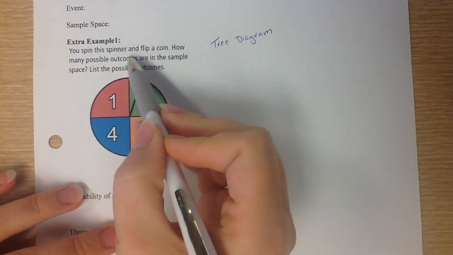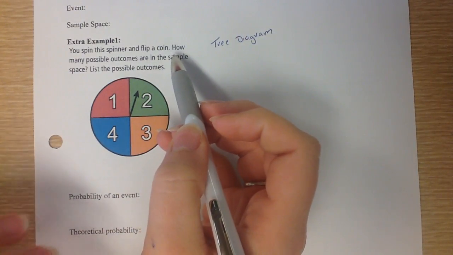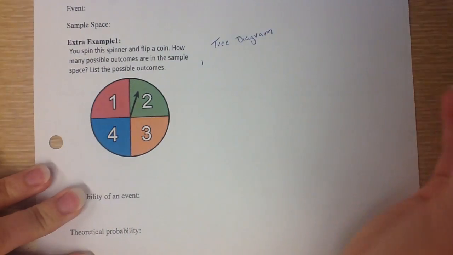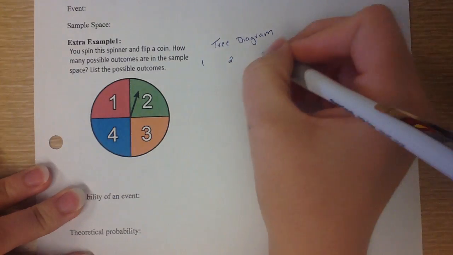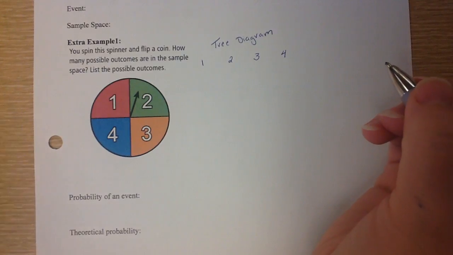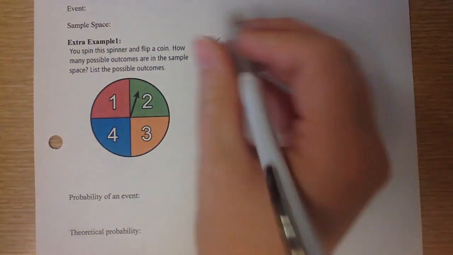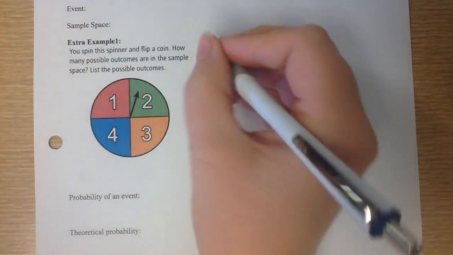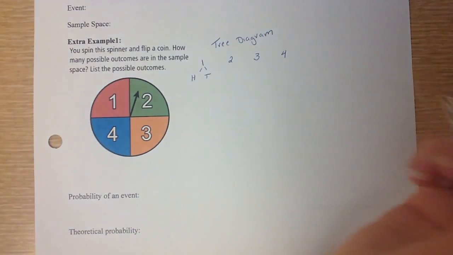So we're going to spin the spinner and flip a coin. First of all, I could spin the spinner and get a 1, or a 2, or a 3, or a 4. Those are my 4 possible outcomes for spinning the spinner. Now, if I get a 1, then we're flipping a coin, so after the 1 I could get a heads or a tails.